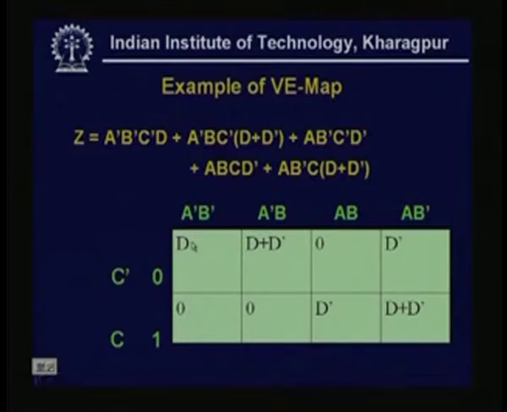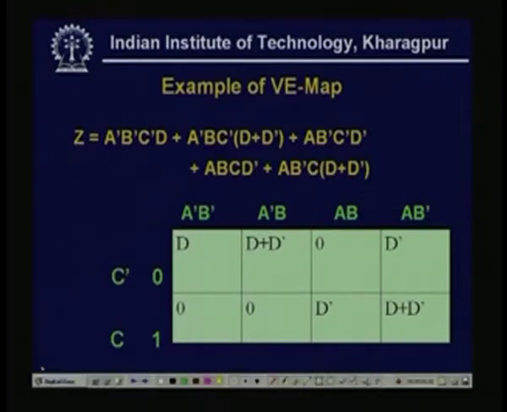See, when we take this couple, this D and the adjacent D, then this becomes A'C'D. So, this couple is A'C'D. Now, this one reduces to A'BC', because D plus D' is 1.